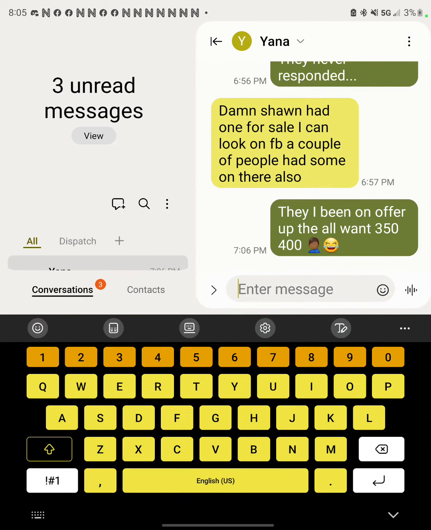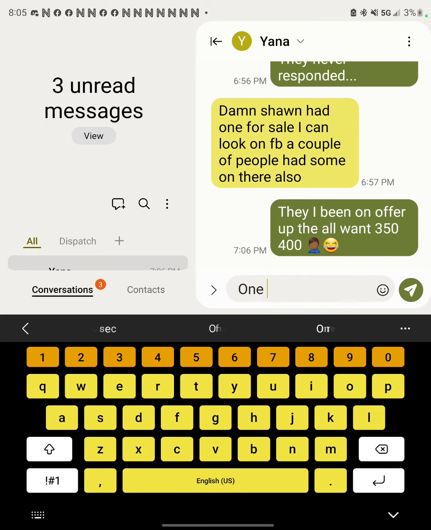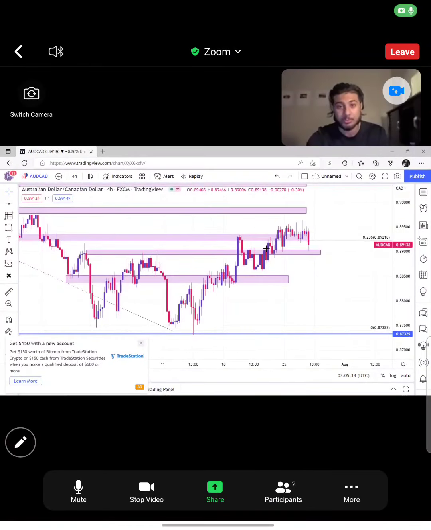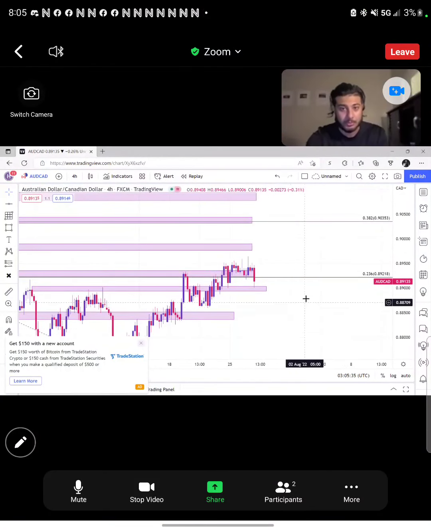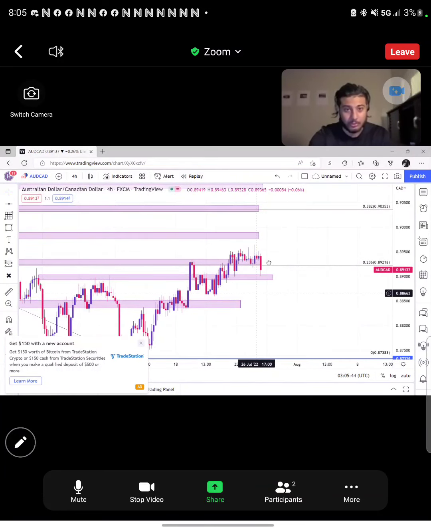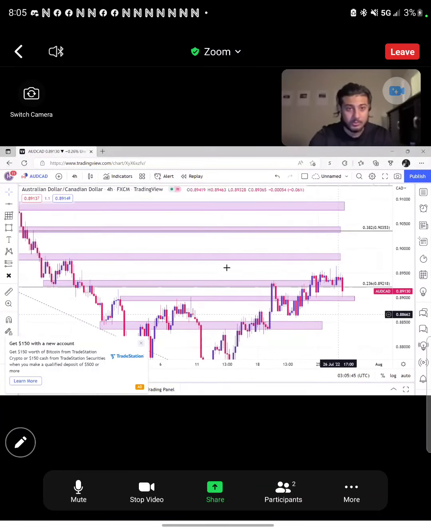It could come down here. So the market could either bounce off this supply and demand zone, or it might reverse, bounce off this one, and then shoot down. But right now it's reacting off this one. So it's on the 4 hour. Let's see.